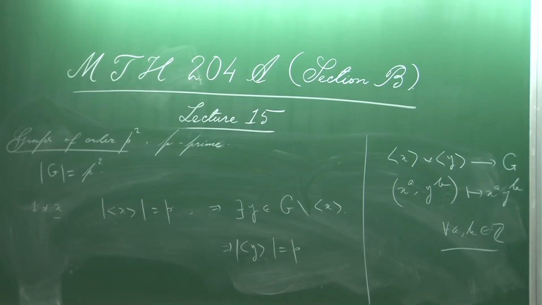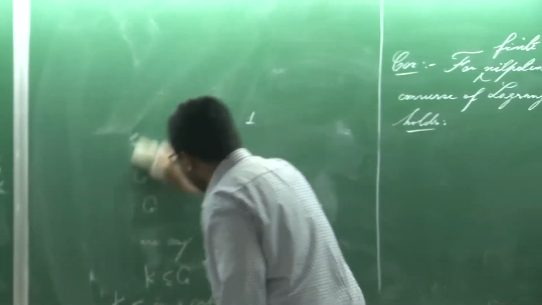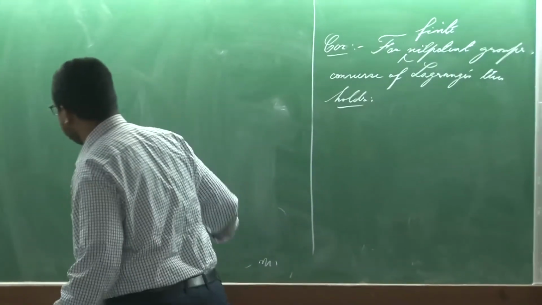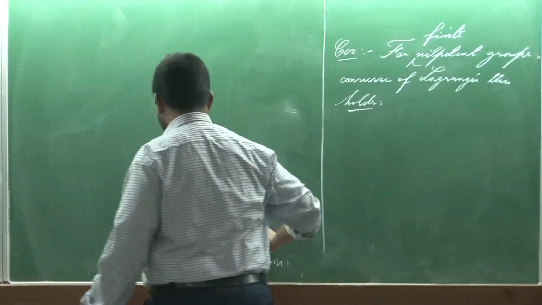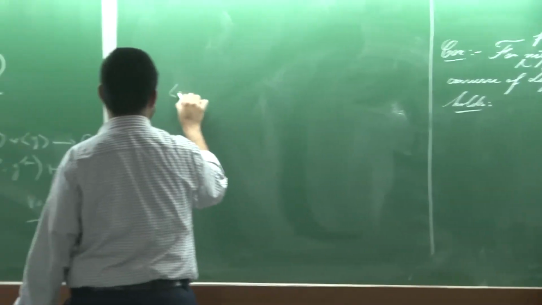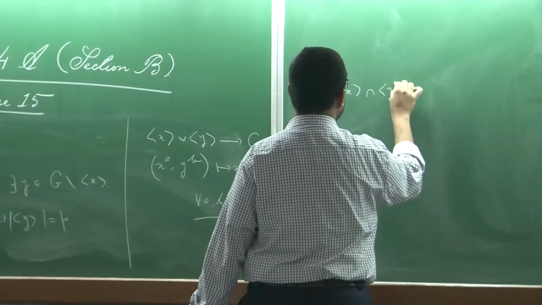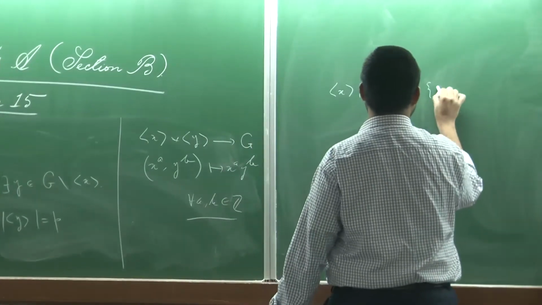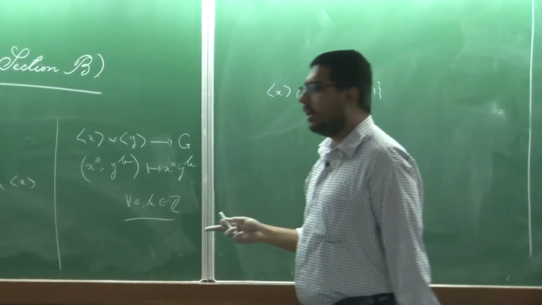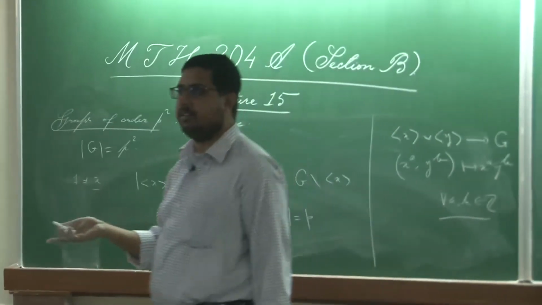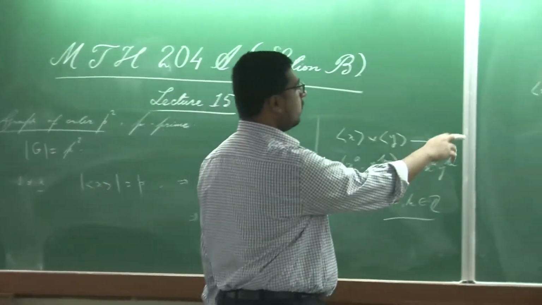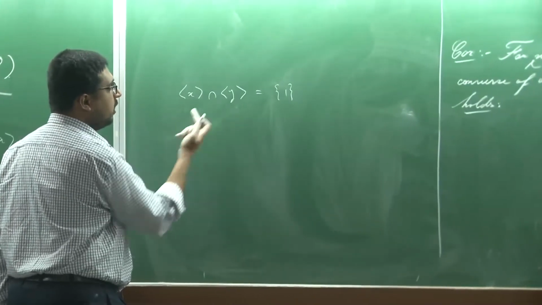In order to show the homomorphism, we will proceed as we have done earlier. First, let us observe that inside G, the intersection of the two cyclic subgroups is trivial. This is because both have order p, so the intersection has order either p or 1.